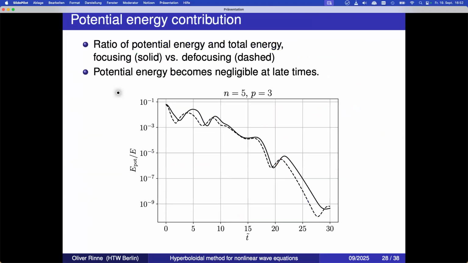This ratio is shown in this plot, again for focusing and defocusing evolutions. Initially this percentage is quite large, 10 to the minus 1. But as the evolution goes on, it becomes almost negligible, 10 to the minus 9 here, by the time that the wave has left the computational domain, more or less.